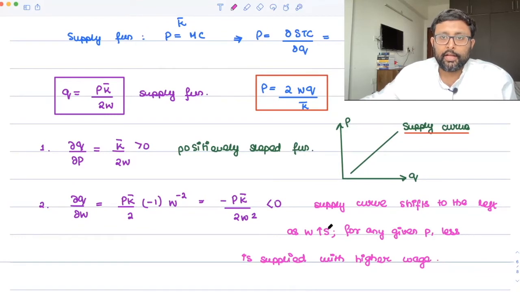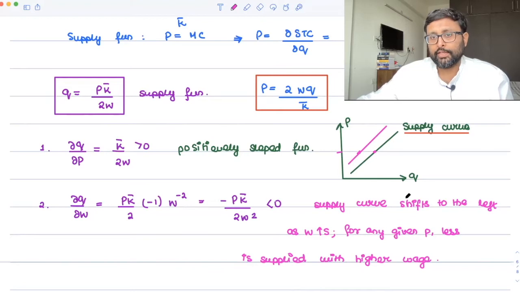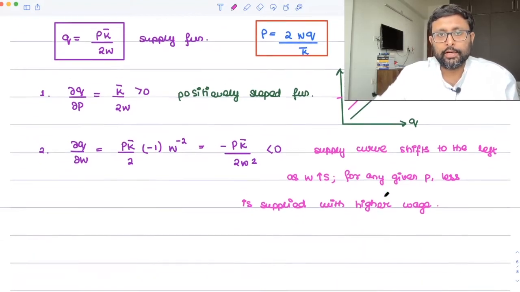Less is supplied with higher wage. So for any given price, earlier this was supplied. Now only this much is supplied. So this supply function is going to shift leftward for any given price when W is going to increase. That is one thing.